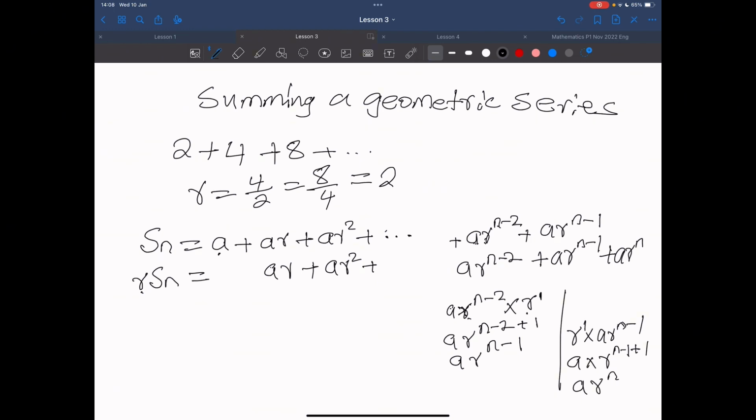So we are able to see that when we multiply this, we get ar exponent n. So we are going to look at this.